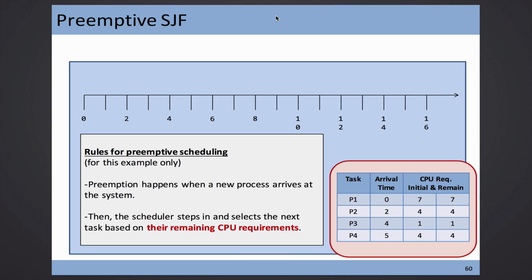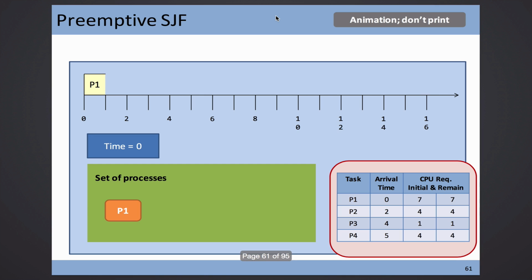You can imagine an arrival as a fork system call: when I fork a new process, the scheduler will step in and measure the new process's CPU requirement. Then when we start executing the first process, you expect that 2 units of time later it will get preempted.